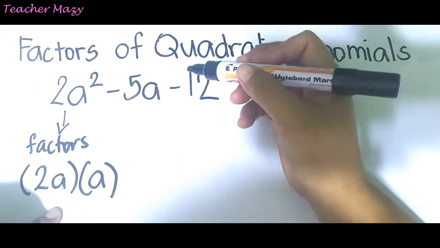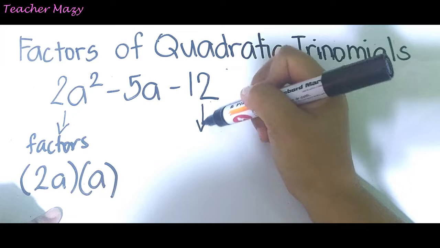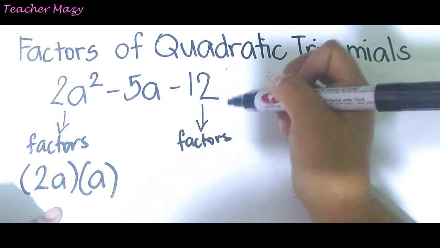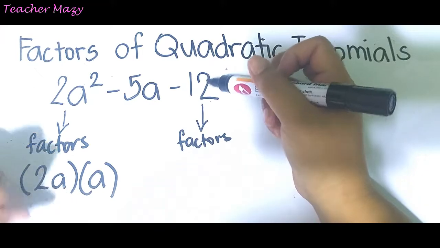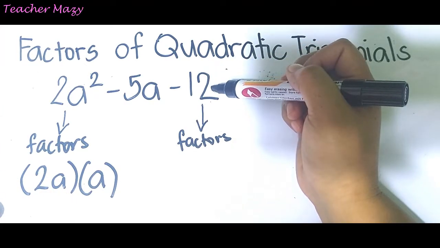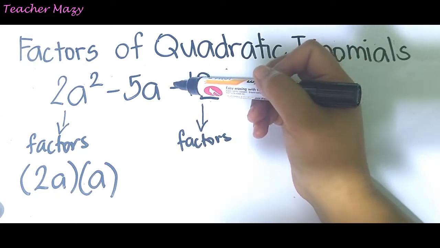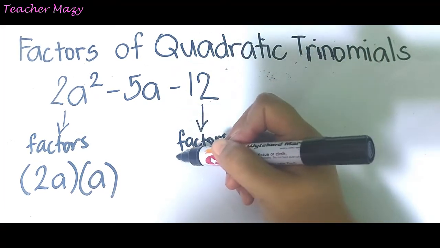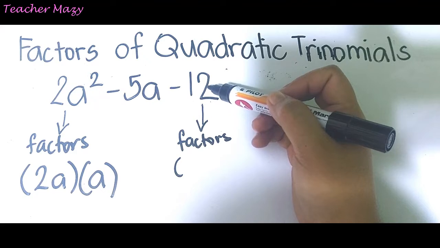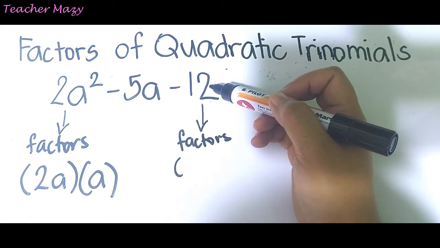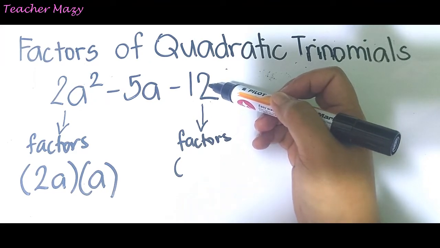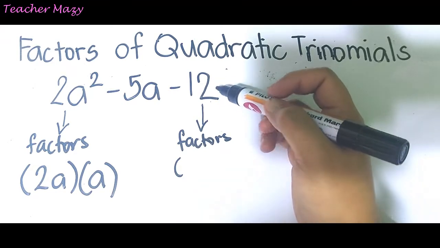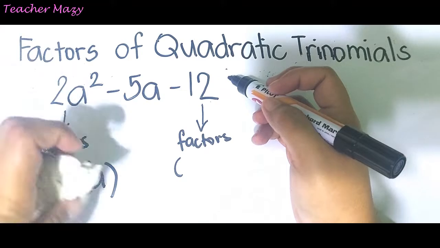Next, we need to write the factors for our last term, which is negative 12. Since the last term is negative, the signs of its factors are different: one positive and the other negative.